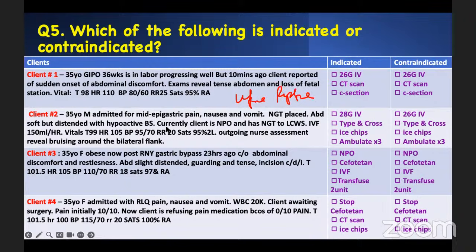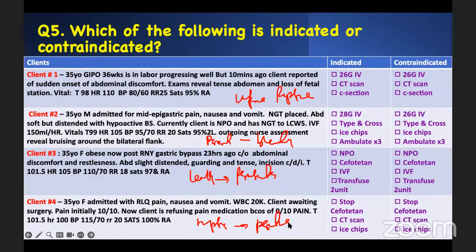Nothing has changed. We said this was what? Pancreatitis, that is bleeding. We said gastric bypass that is leaking, peritonitis. We said appendicitis that has ruptured, abscess, is peritonitis.